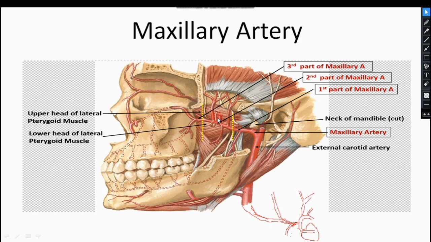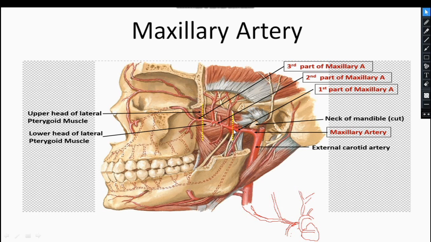Because it is related to the pterygoid muscle. Clear? And the third part of the maxillary artery is known as pterygopalatine. This third part is related to the pterygopalatine fossa. So accordingly the names are given.